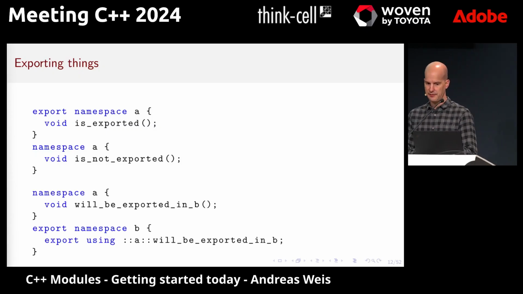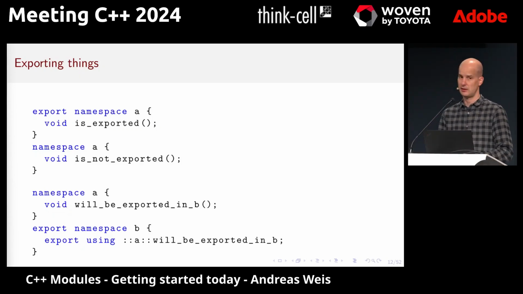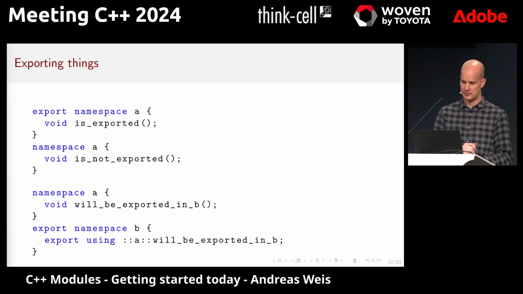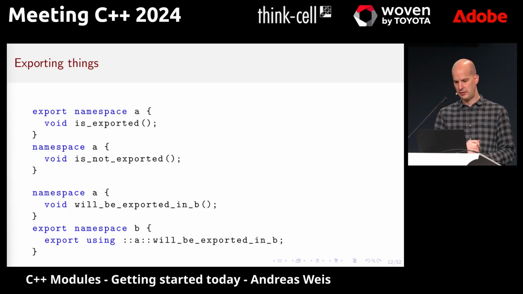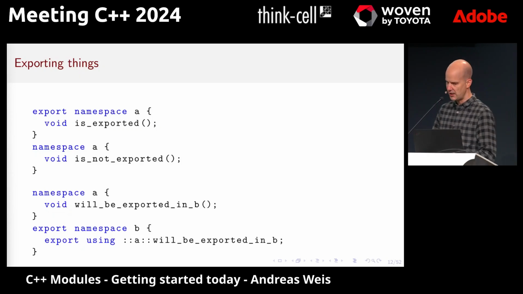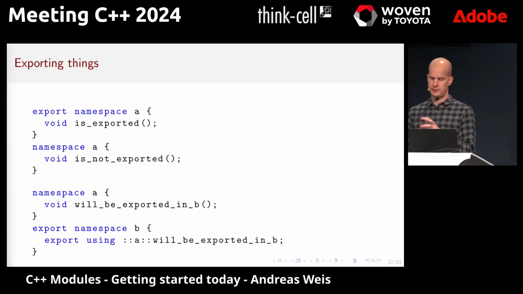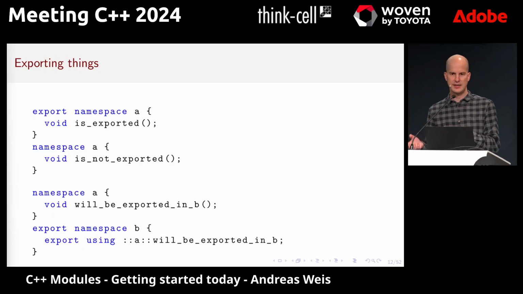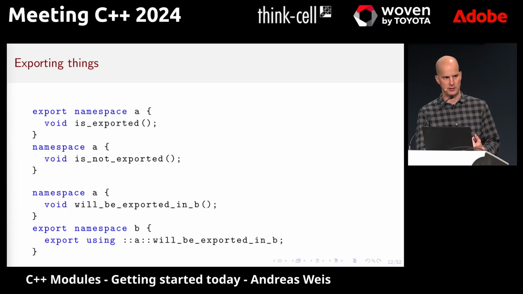And then another thing where you can use it is with using declarations. So those can also get exported. And here, the important thing to keep in mind is that what the using declaration introduces is just an alias for a thing that was defined elsewhere, right?